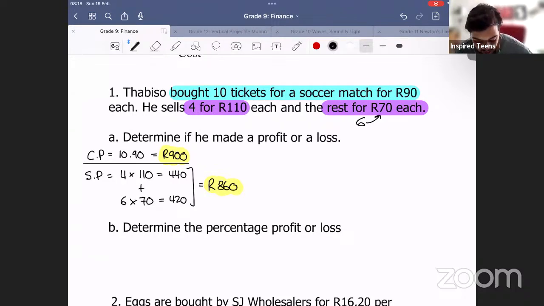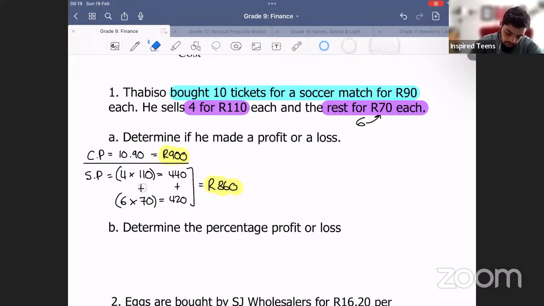He got a high price, but then nobody wanted to buy it, so he was selling it last minute really cheap, and then 6 people bought them for 70 Rand each. So 4 times 110 is how much money he made from the first 4 tickets, and 6 times 70 is how much he made from the last 6 tickets. Combine the two and we get an answer of 860 Rand.